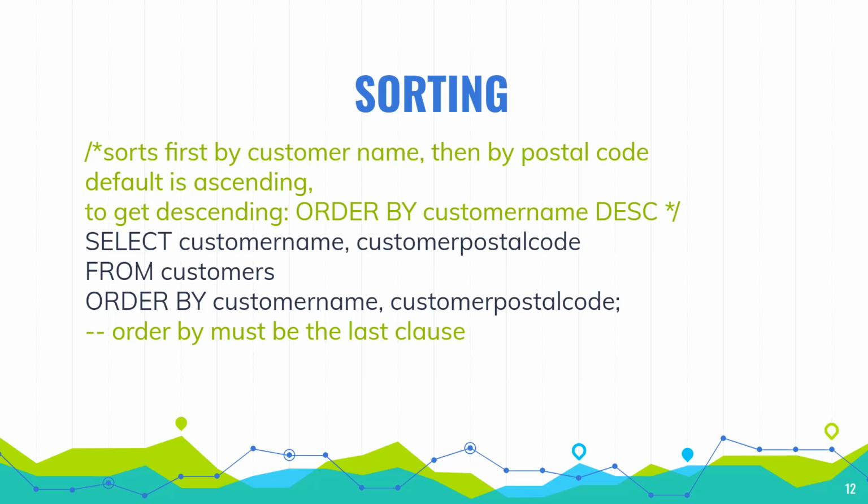We want to order first by customer name, so we put that before, and then the postal code. Remember that the default is ascending, so if you want to get this descending, you do order by column descending. And remember, order by must be the last clause, so you can't put order by before you select.